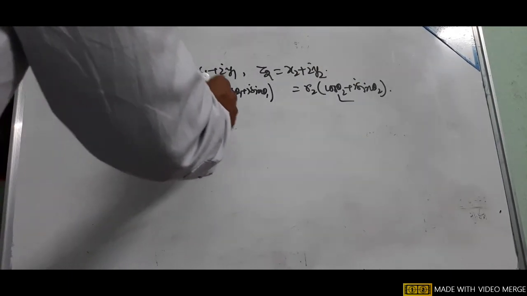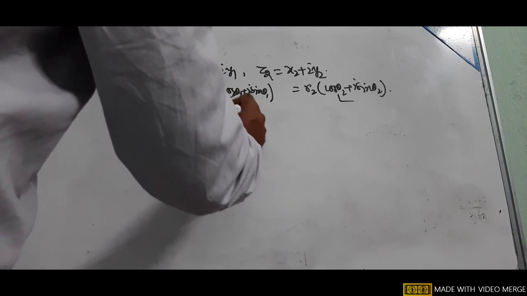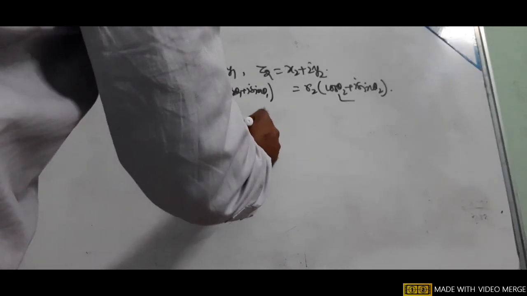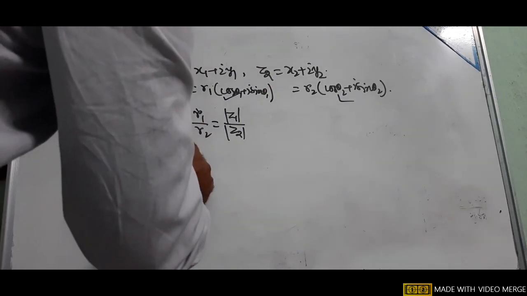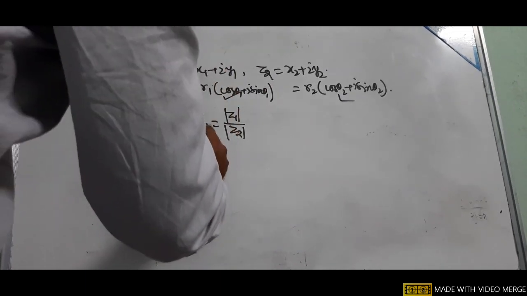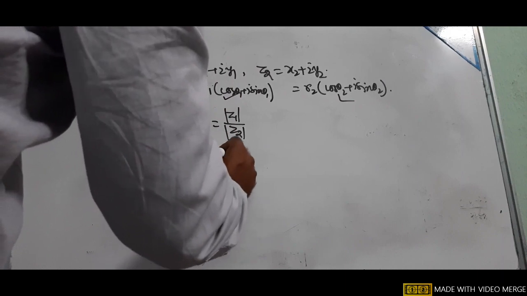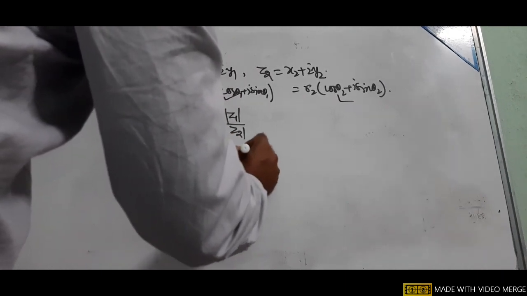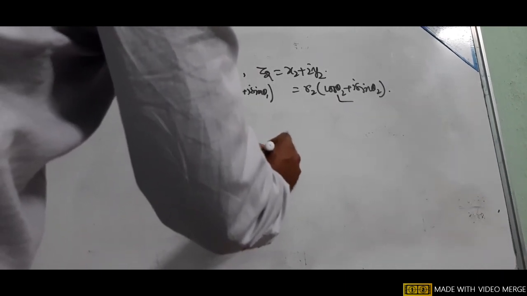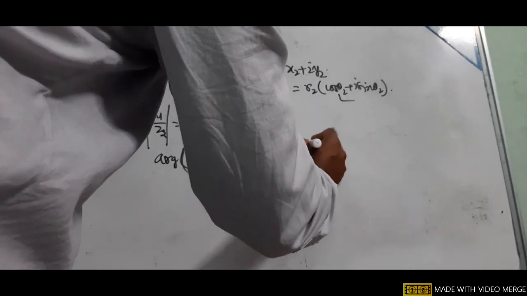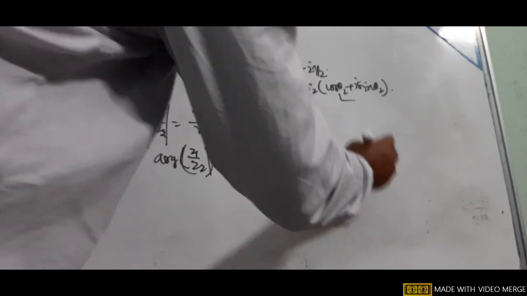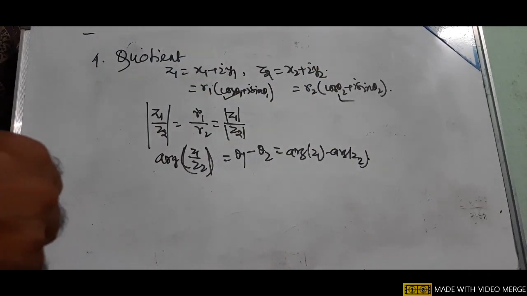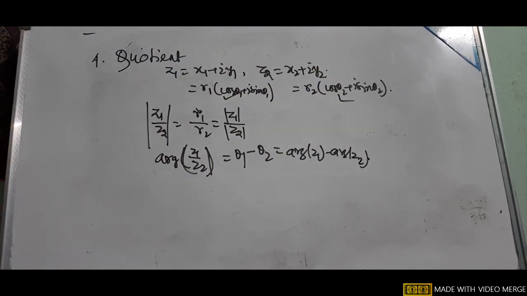So r1 by r2 means modulus of z1 divided by modulus of z2, and the argument of z1 by z2 will be theta 1 minus theta 2, or argument of z1 minus argument of z2. So how do we represent it graphically, that we will discuss.